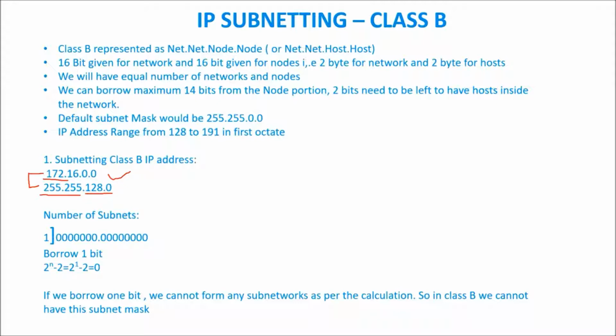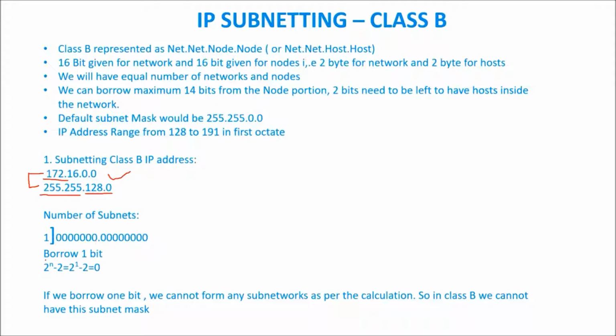It is very clear that subnetting calculation is done, and we are taking the advantage of splitting the bigger network into smaller networks. So we'll proceed on that. Now the first question is the number of subnets. Suppose I'm borrowing 1 bit out of 16 bits.